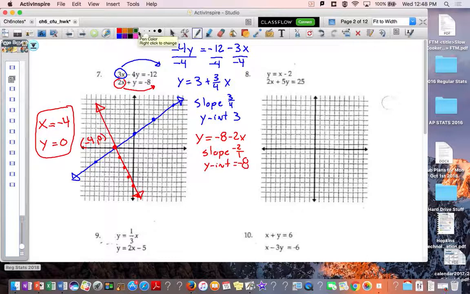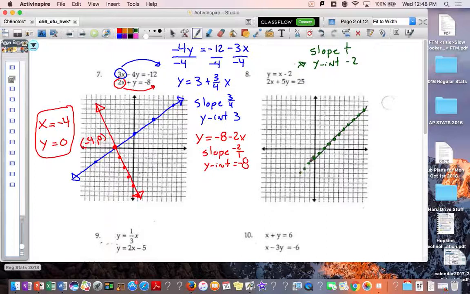All right, let's fly through the last couple here. Like this one here because my slope is just 1 over 1. My y-intercept is just -2. There's -2. Slope is 1 over 1, up 1 to the right 1. Okay. So I can go backwards.